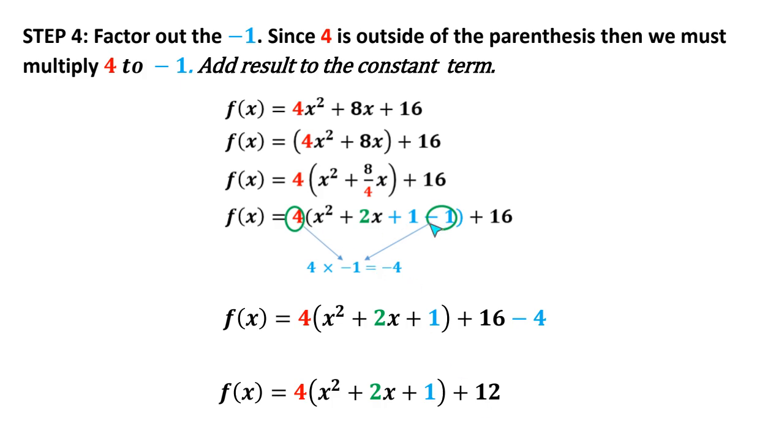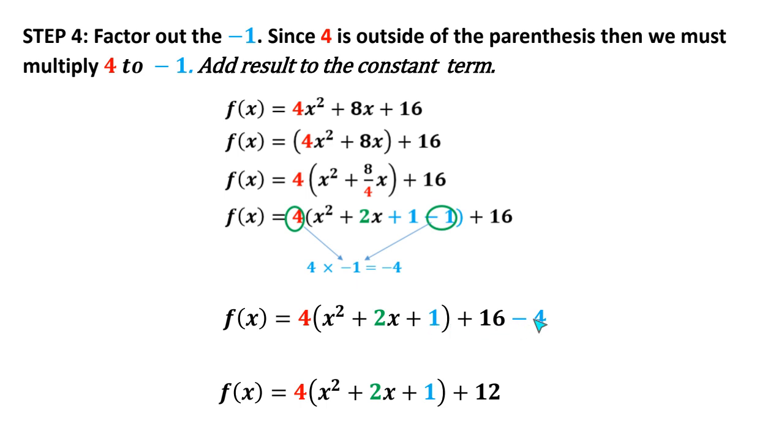So if I remove this negative 1, I'm going to have to multiply that negative 1 by that number. So here I'm going to have 4 times negative 1 is negative 4. So this negative 4, we're going to go ahead and write on the outside of the parentheses. And so now we still have the 4, but in the parentheses, we're left with x squared plus 2x plus 1. And that's where the magic is going to happen for us in a little bit.